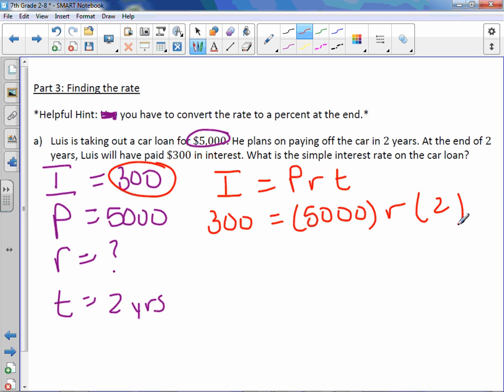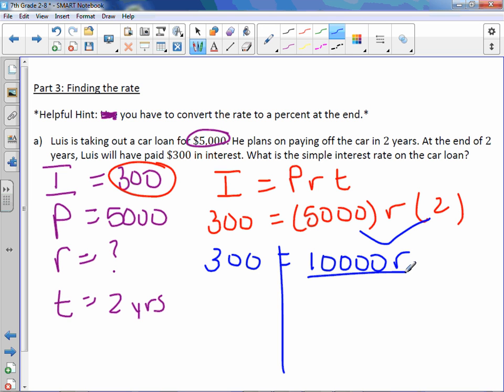Now this one we have to solve slightly different. We need to first only have one number on this side. Multiplication is commutative, so we can rearrange and multiply in any order. So I'm going to multiply 5,000 times 2, which would give us 10,000, and bring down the R. Bring down the rest of the equation. Now it's a one-step equation. We're going to divide by 10,000 on both sides.